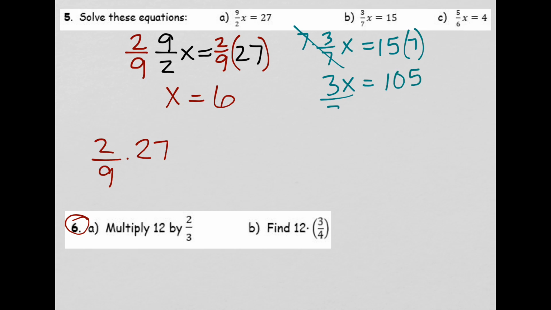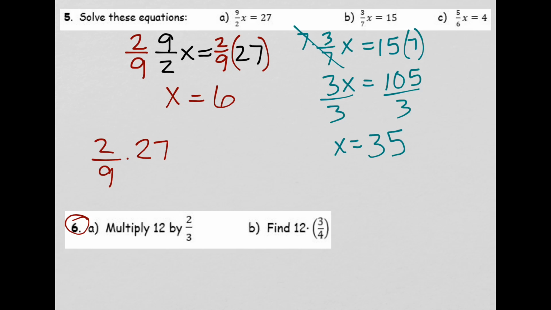Then you're going to solve this by dividing both sides by 3, and x equals 35. Okay, so again, you can see that these problems are not exactly the same. We're getting different answers, but you can see that they're set up the same. A fraction times a variable equals a constant, and you can choose whichever way you like.